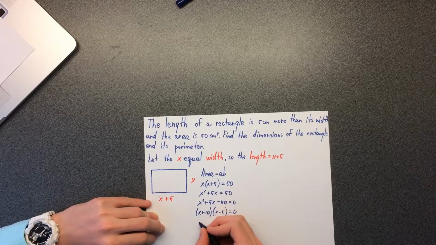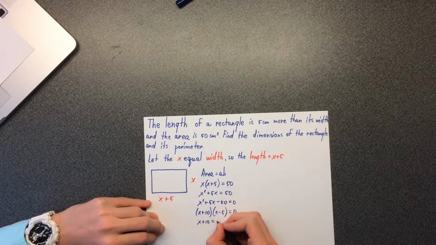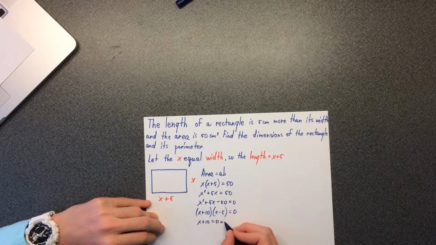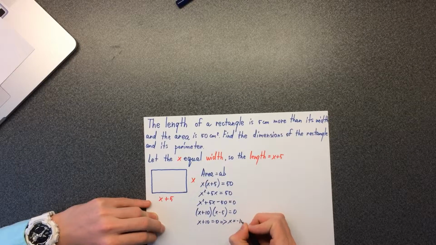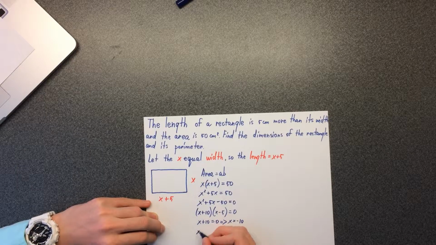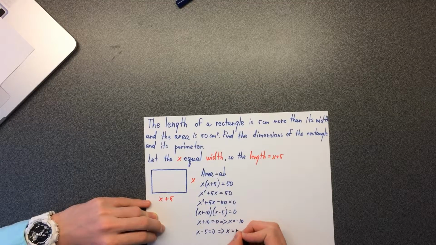After I have x plus 10 equals 0, and therefore x is minus 10. Then x minus 5 equals 0, and x is 5.